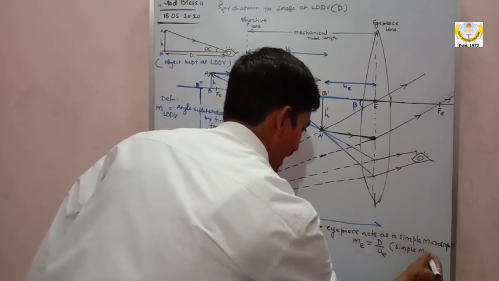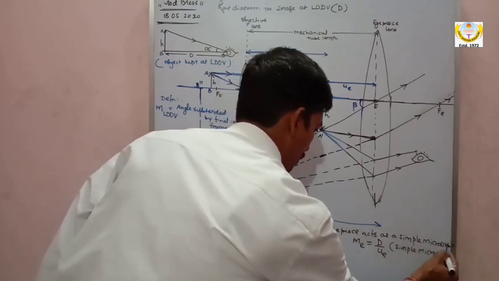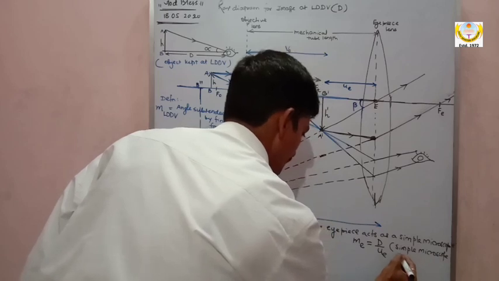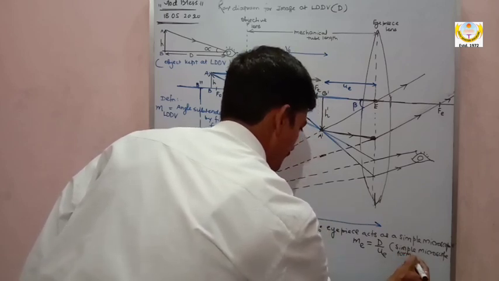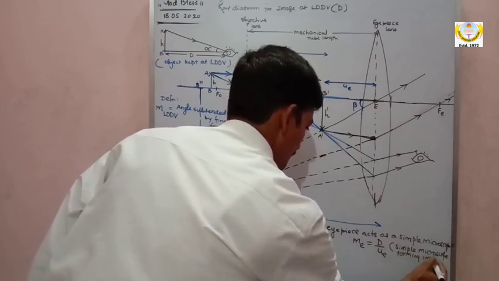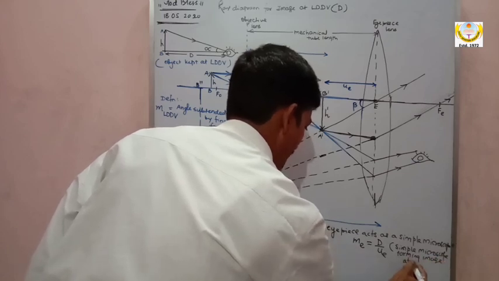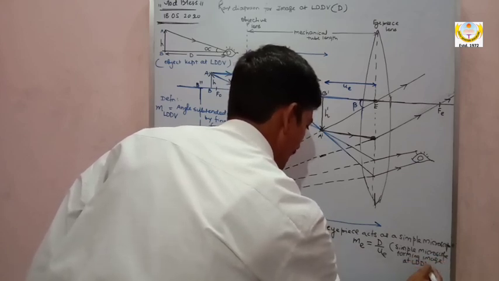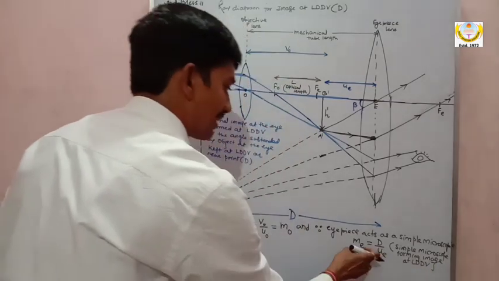I am writing here, where did I bring this from? From the simple microscope forming image at LDDV, the least distance of distinct vision. This is the answer.